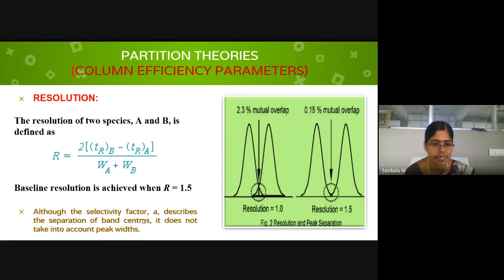The selectivity factor, that is alpha, describes the separation of band centers, where exactly they are separated, but it does not take into account peak widths. Peak width is the width of the peak at half maxima. That width is not defined by the selectivity factor.